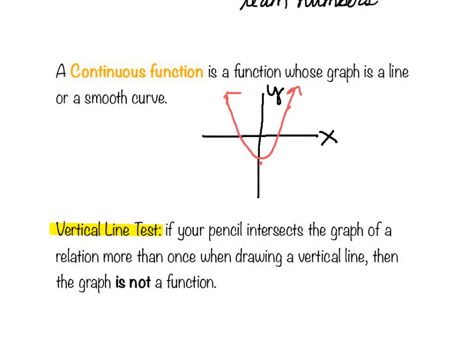So, if you see a graph of a relation and you're asked whether it is a function or not, you can put it through the vertical line test. If there's any place on that graph that you can draw a vertical line and it hits more than one point, then definitely it is not a function.